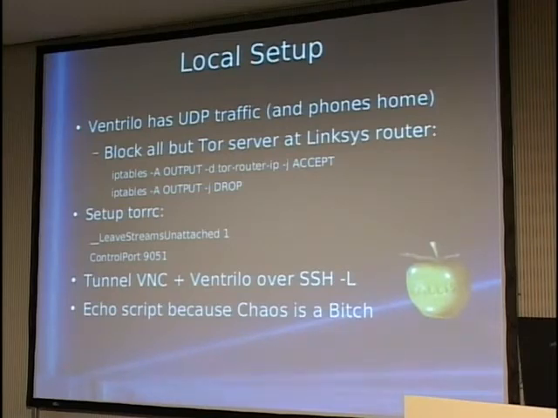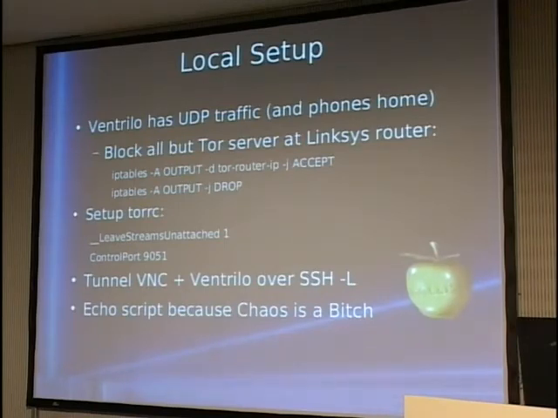Local setup. So Ventrilo has UDP traffic that you need to block. It tries to connect to the server via UDP. That's probably not so much an issue when you're tunneling it through SSH, but just in case the IP is negotiated somehow, as is often done with VoIP software, we blocked all the traffic except for the stuff destined for our Tor router and the Tor directory servers at the firewall machine.